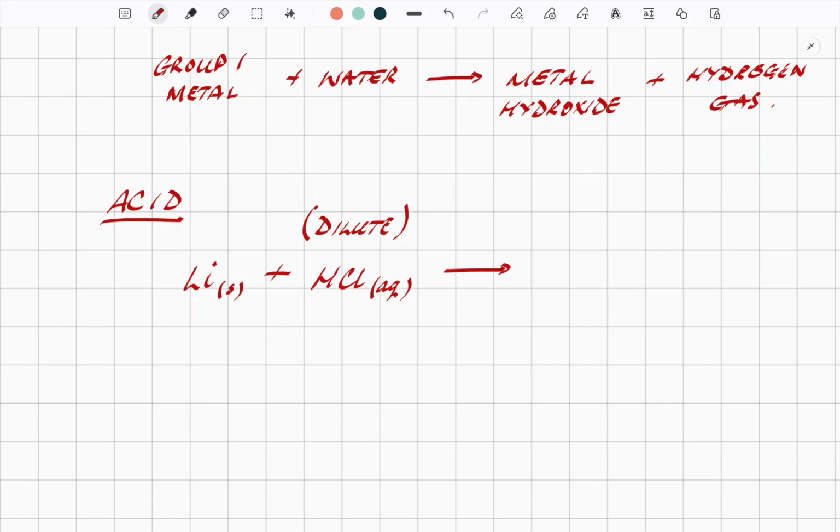What that does, it produces a metal salt, lithium chloride, which again is aqueous because it's soluble, so it dissolves into the water, and it gives off hydrogen gas again, so fizzing. Again, to balance the equation, we need two of those, and two of those. That balances it. The general form is effectively metal plus acid.